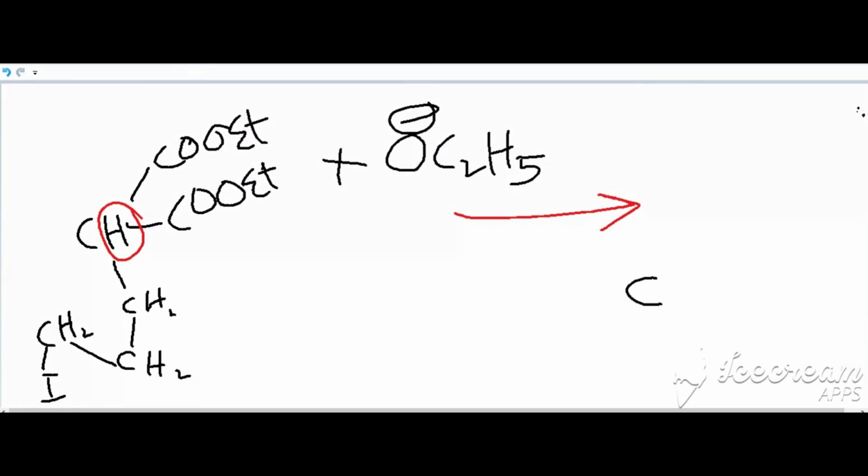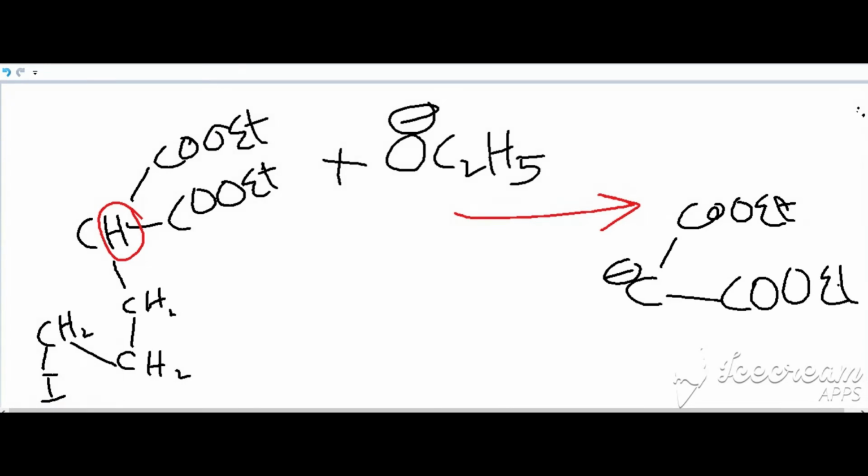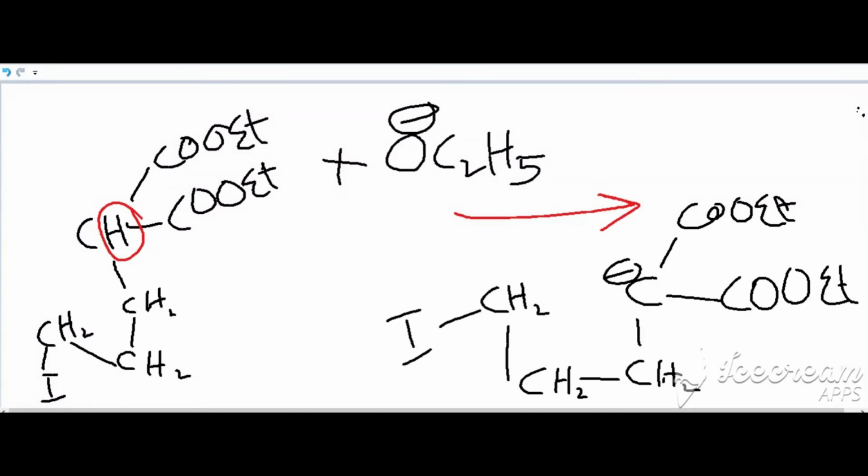and what has happened? This is positively charged, this is negatively charged, and that negative will attack on this, and the ring is closed.